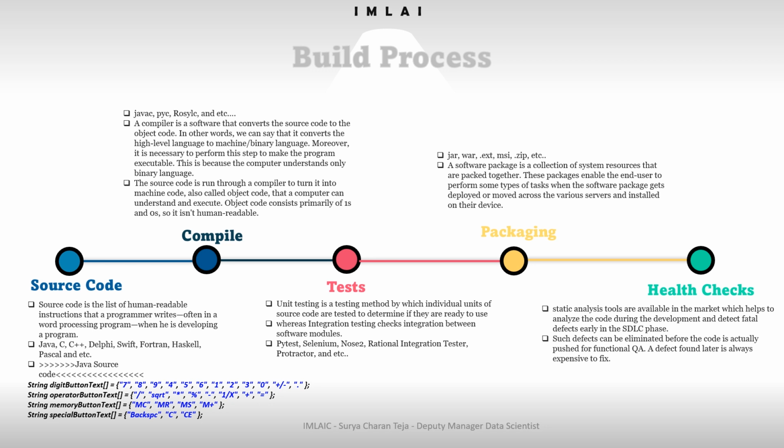If that works fine, then the class files will be packaged. Based on what the target is, if it is software for a Windows machine, then there will be a .exe or .msi format of packaging or archiving.